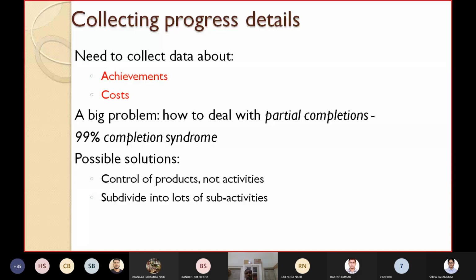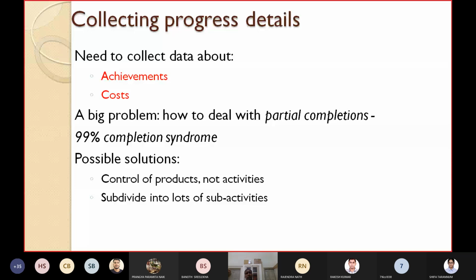As for the possible solutions to the 99% completion syndrome, there are many solutions. We will discuss and name only two. One is to control the products, not the activities. You try to control the products, not the activities or the processes you are doing. Number two, subdivide the project into lots of sub-activities.